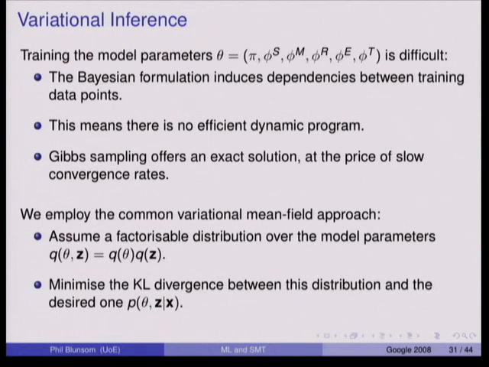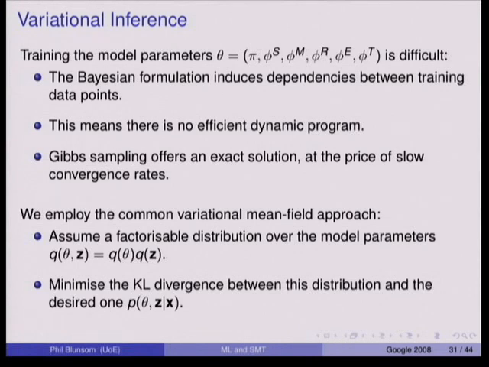So we need some way of training this model, and that can be difficult. By having all these distributions and taking the Bayesian approach of integrating out the parameters, what we've done is induced dependencies between all the distributions. So there's no independence, so there's no efficient dynamic program that we can use to estimate the model.